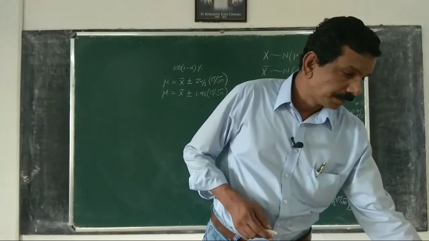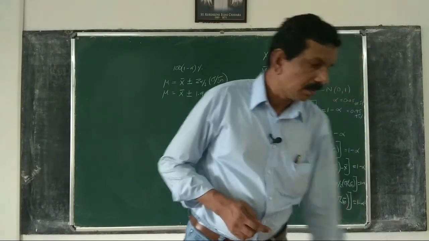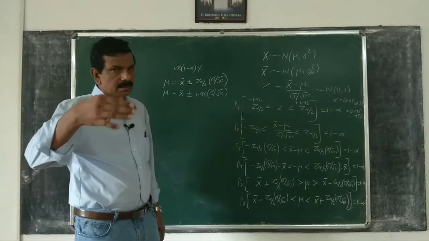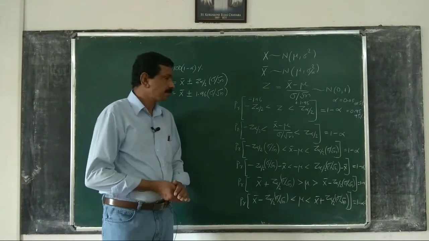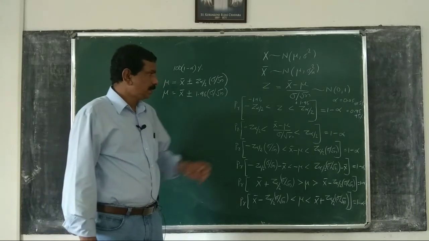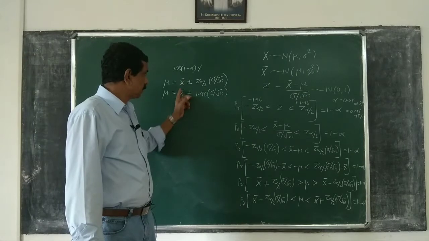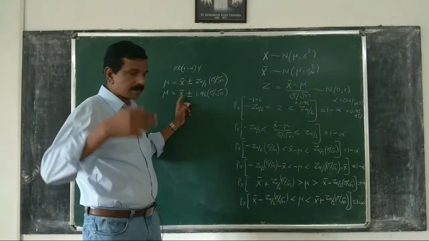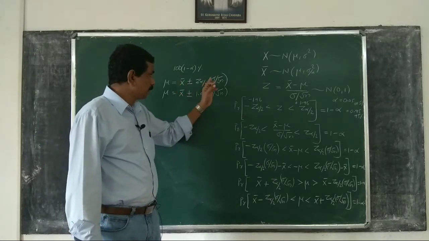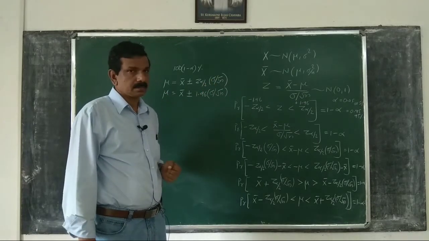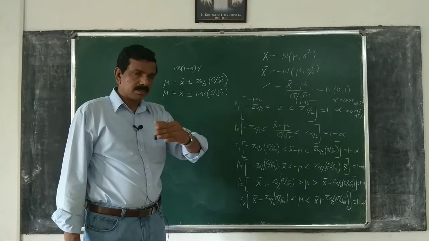Now, as we have discussed in the last class, if x bar is calculated from the sample, and if sigma is also known to us, but in most cases sigma will be unknown.